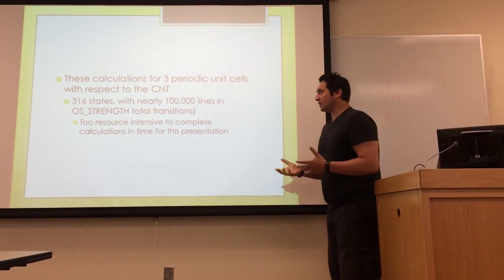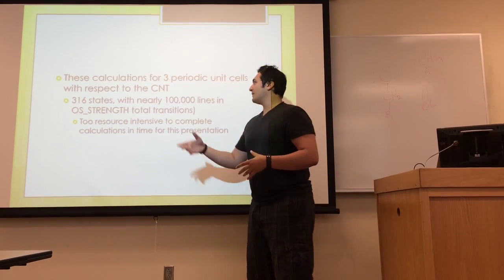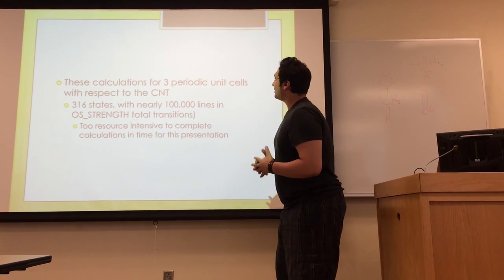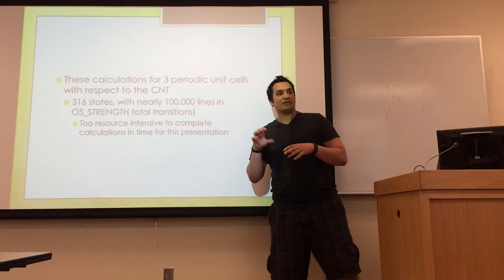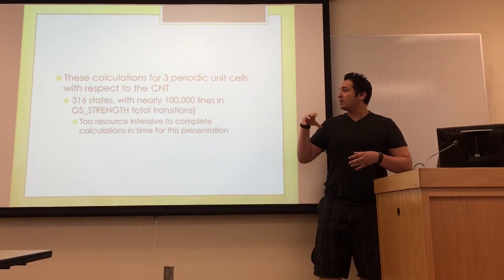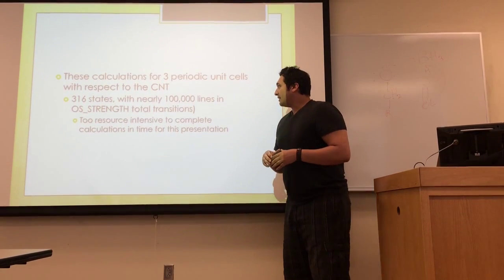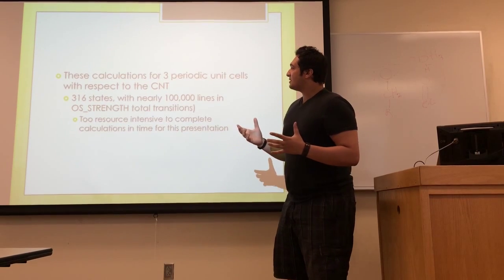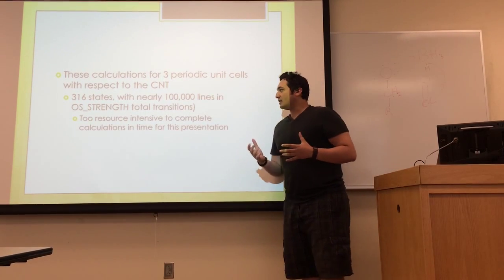Here's the continuation of what he did: the calculation of three periodic unit cells. I showed you that for every three benzene rings, there will be a functional group. He did the calculation, 360 states with nearly 1,000 lines in oscillator strength.